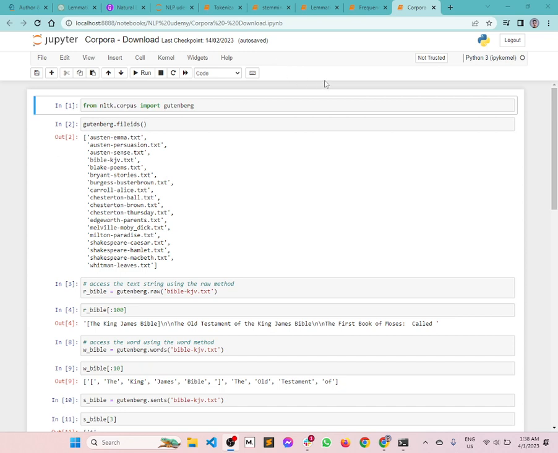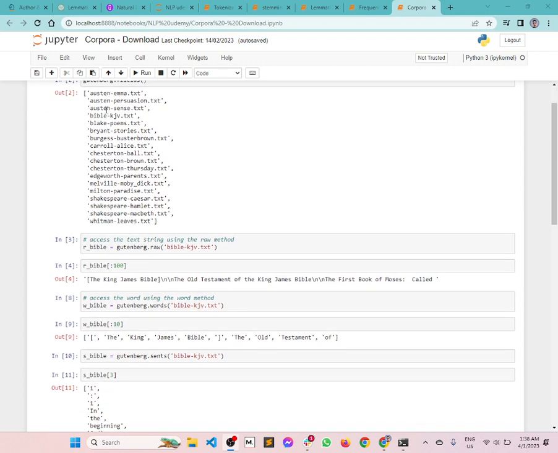So first of all, in the NLTK library we are importing Gutenberg. Gutenberg is a corpus which has more than 2 million words in it. We call the fileids function, and we see the types of text belonging to Gutenberg.